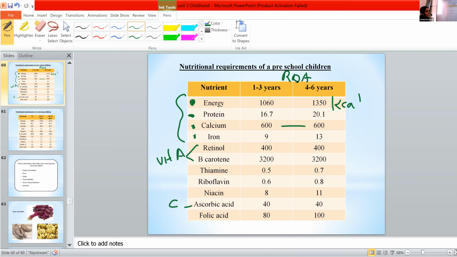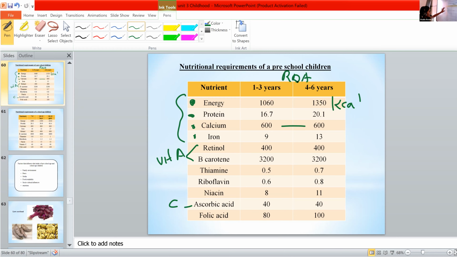R, D, A. D is daily, A is allowance. So what is R? The full form of R. Try. Meghna, what is R? Recommended. Good. Recommended dietary allowance. Okay. So these are the RDA of preschool children.